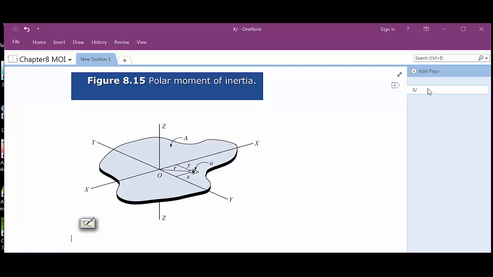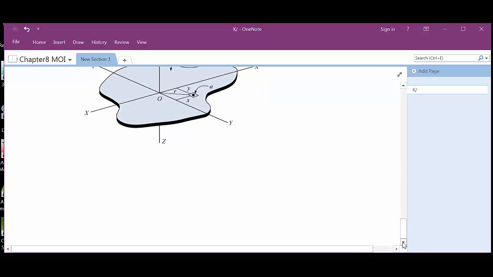That would be the z-axis. Okay, and that's typical. So you're looking for that point right there, and that could be anywhere around there. How do we calculate that?